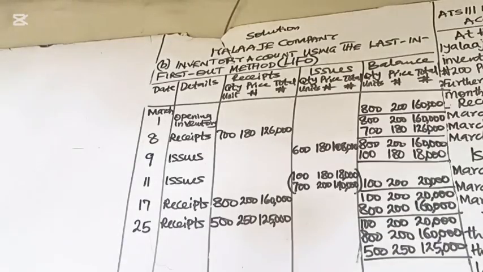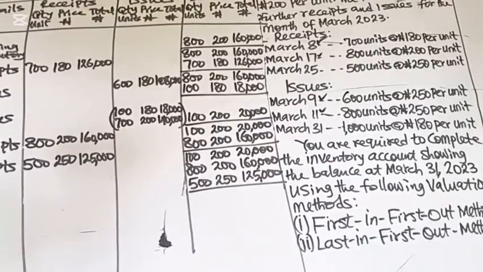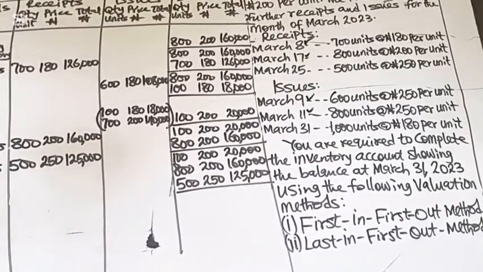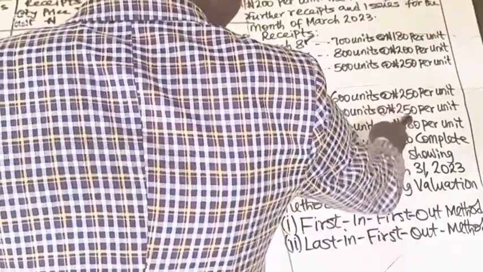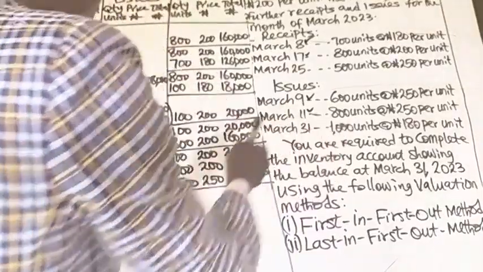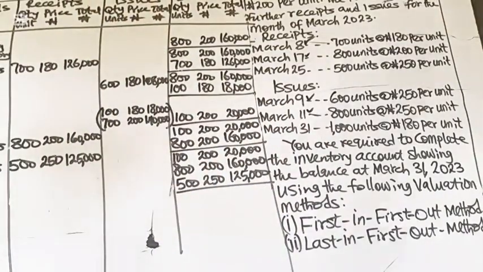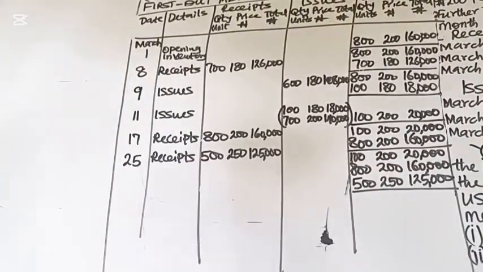Then the next transaction after the 25th of March is the transaction that took place on the 31st of March, and you issued 1,000 units. I've told you the price is not relevant. We only need it if you want to calculate the sales revenue. You want to issue 1,000 units. Remember, you are using last in, first out.